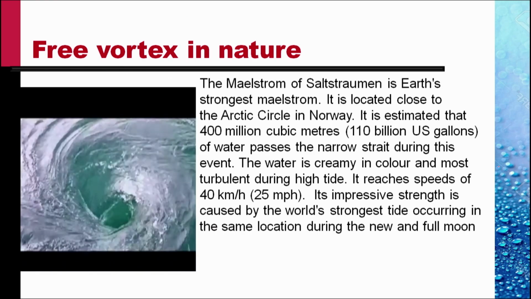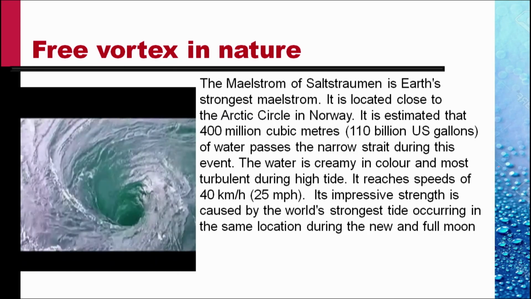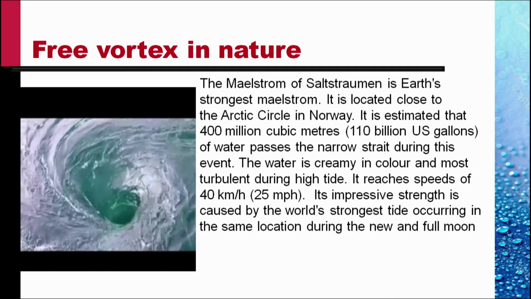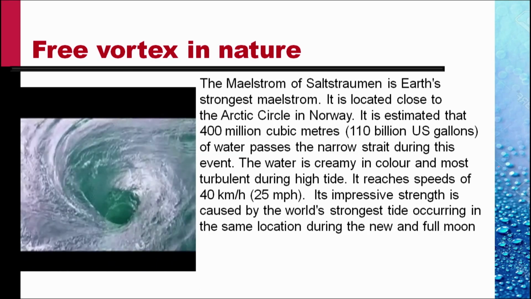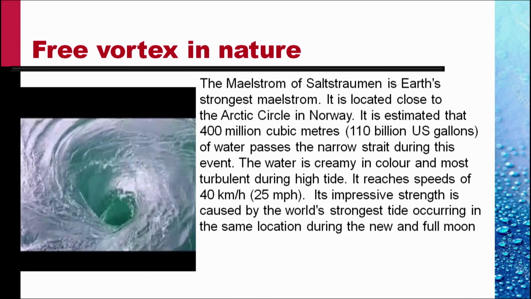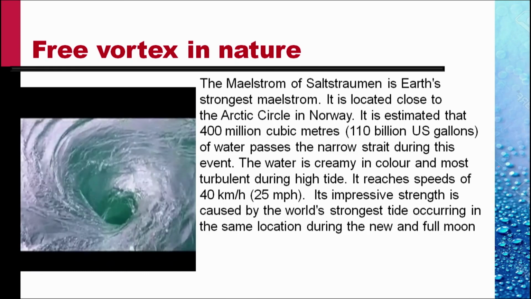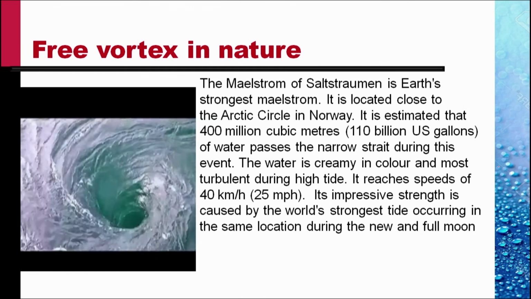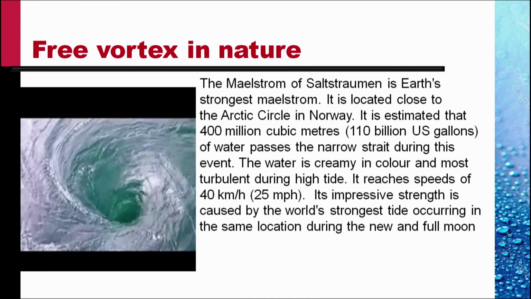The vortices are very common in nature. They're found in oceans as whirlpools, in the atmosphere as tornadoes. They're huge vortices in the ocean. One of the largest ones is located close to the Arctic Circle in Norway.